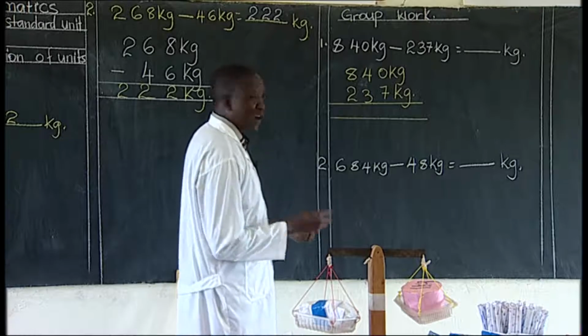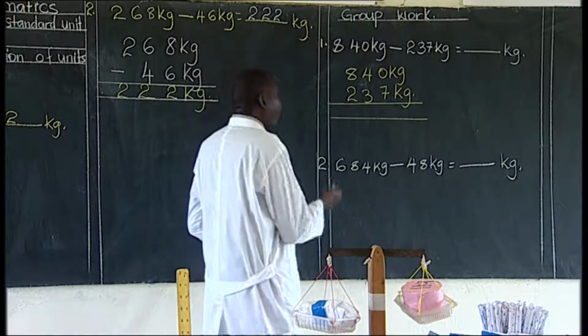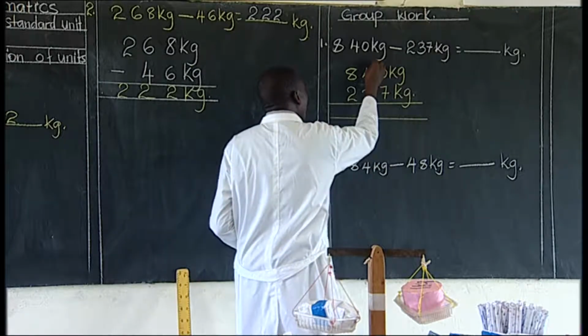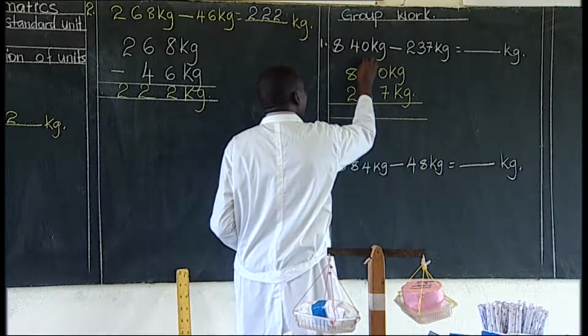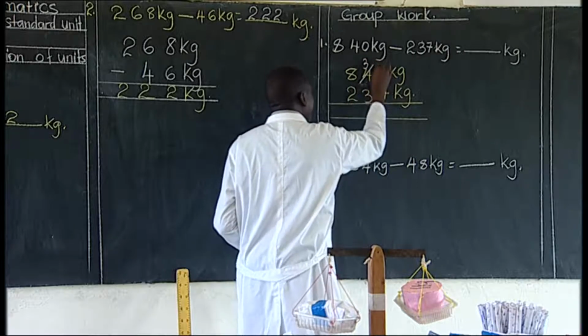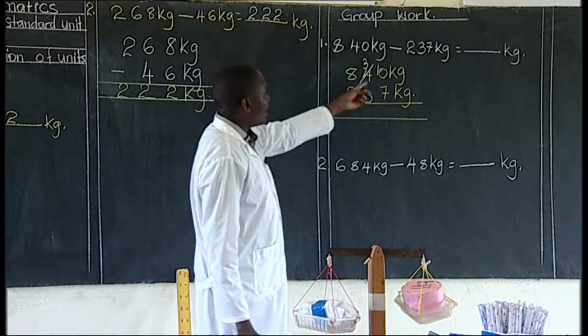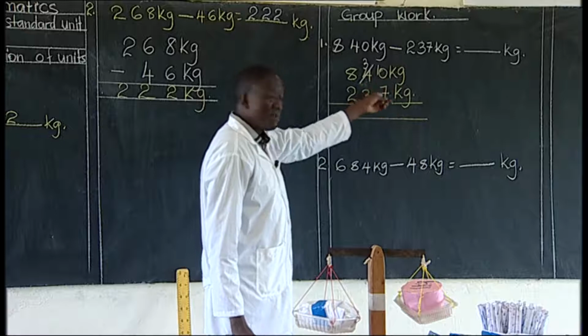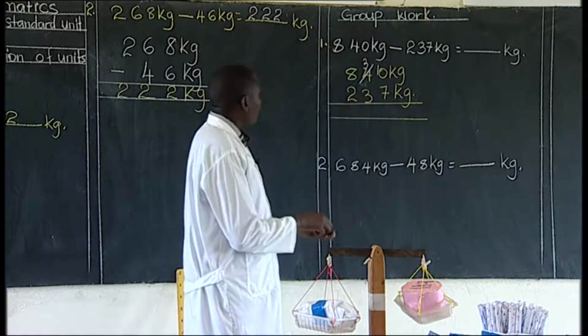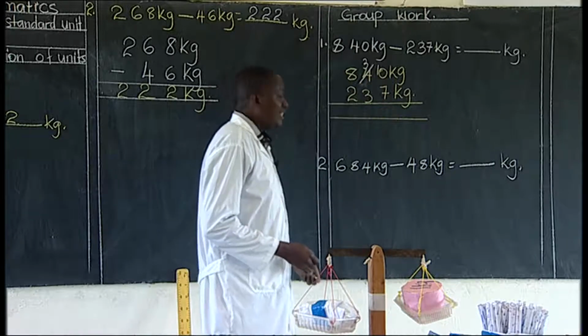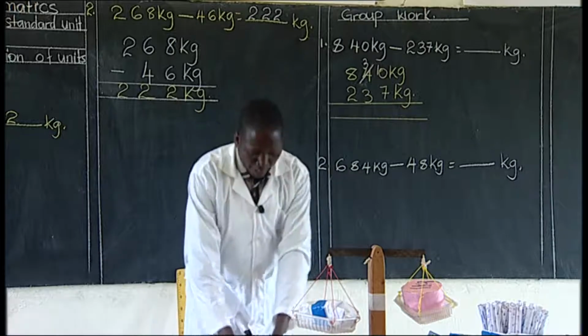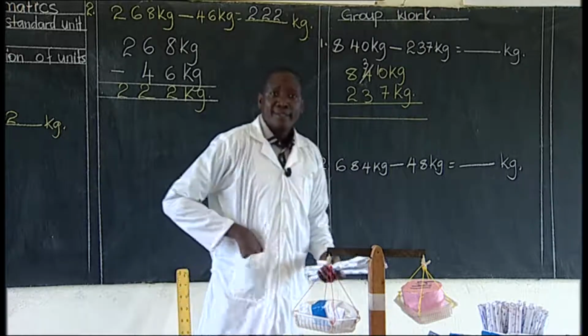We shall quickly go and cancel and borrow. When I borrow, I will cancel this one. You remain here with 3. And I bring here these 1 tens. Okay? When I bring 1 tens plus 0, it remains 10. So, we shall have 10 now. Take away 7. Quickly, we are going to subtract.